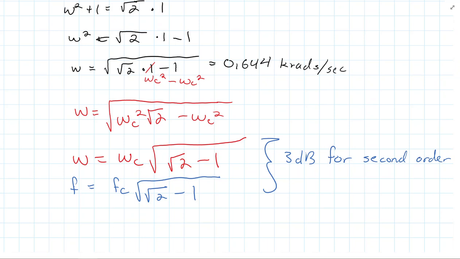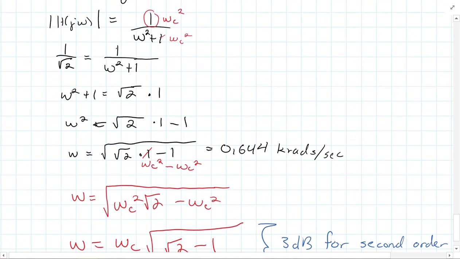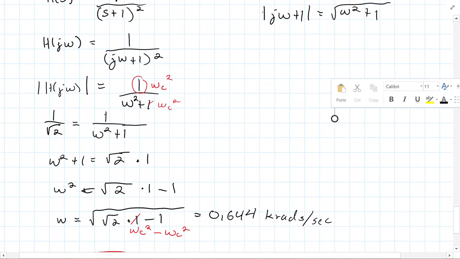Okay, well that's great. But now what if I want to do third order or fourth order? Well, let's go back again to where we were doing things here. Well, if we're doing third order and fourth order and everything else like that, what we'd have here is we'd be actually getting different powers of this here as far as taking the square root of it here.